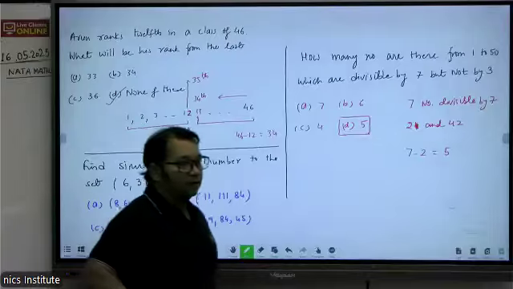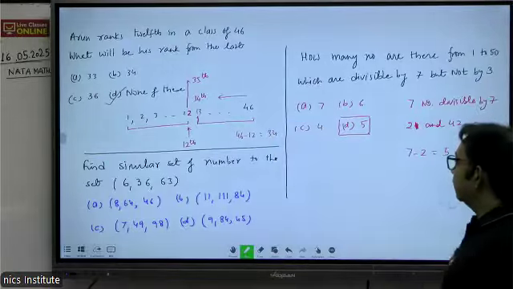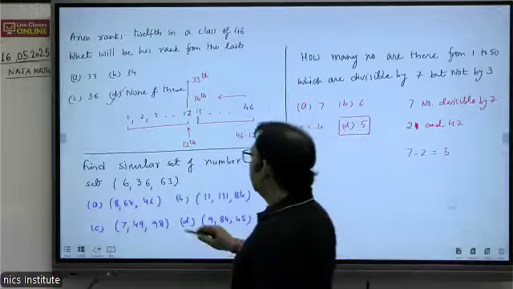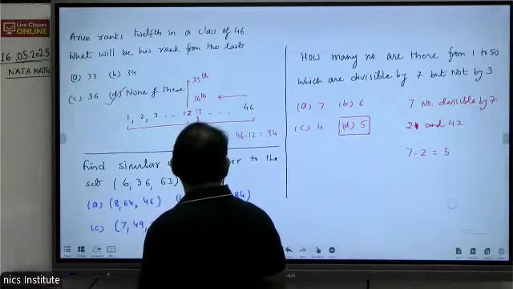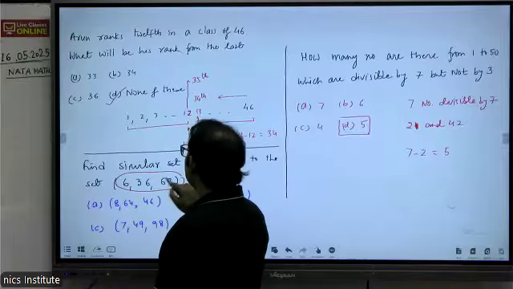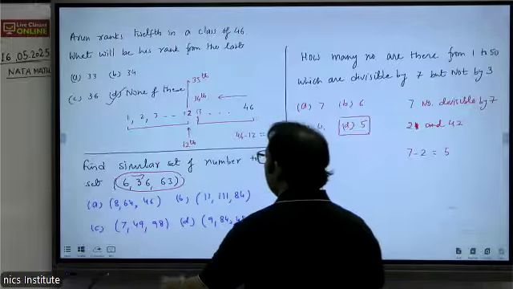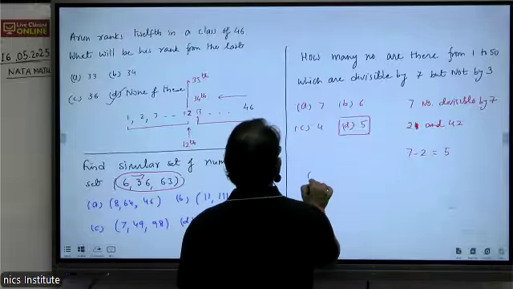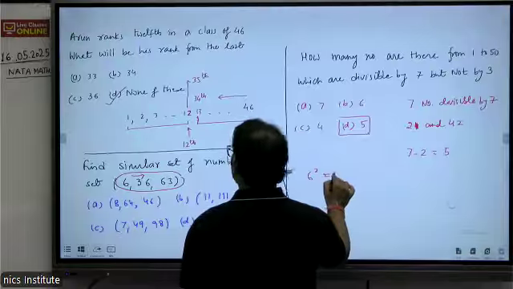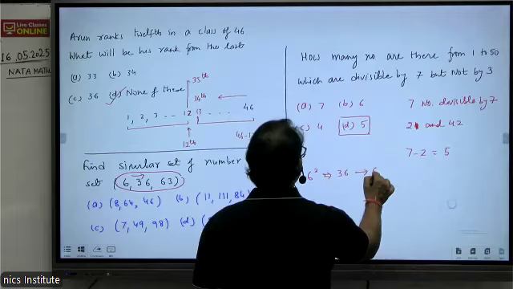So you can find the pattern. If you look at what is given to us, here we have 6. So this is the square of that number, 6 square, and then you reverse the digits. 6 square gives you 36, and then you interchange the digits, it will be 63.